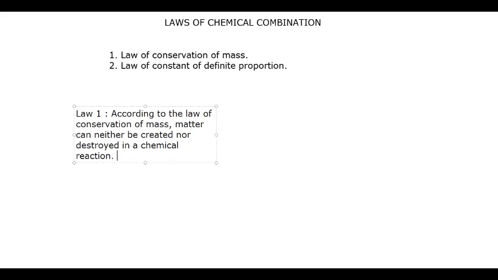It remains conserved. This is the most important thing to remember. If I ask you during your question session to explain the law of conservation of mass, you would answer, according to the law of conservation of mass, matter can neither be created nor destroyed in a chemical reaction. It remains conserved.